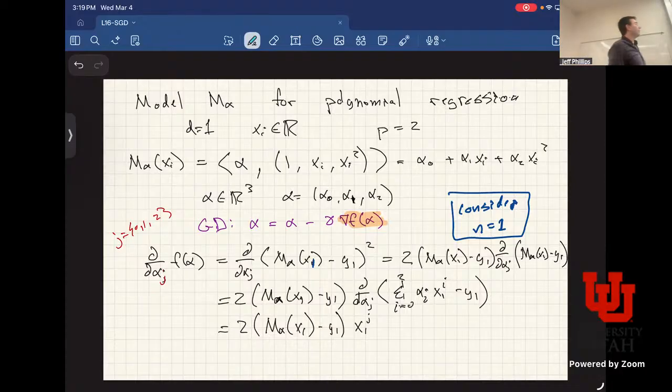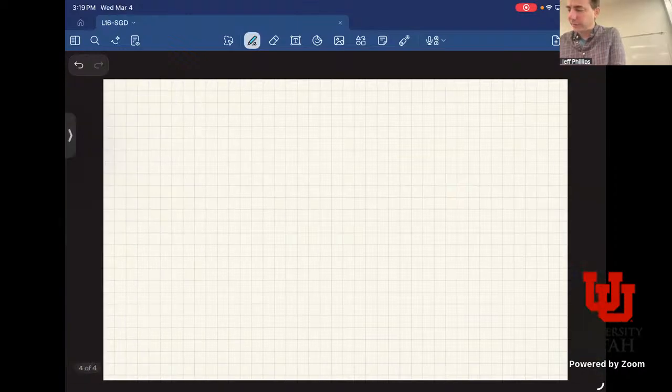Okay, so I've done it. I've written down the partial derivative for each of the terms, and it looks pretty simple here. Let me write this up on the next slide. Okay, we're able to write the partial derivative this way.